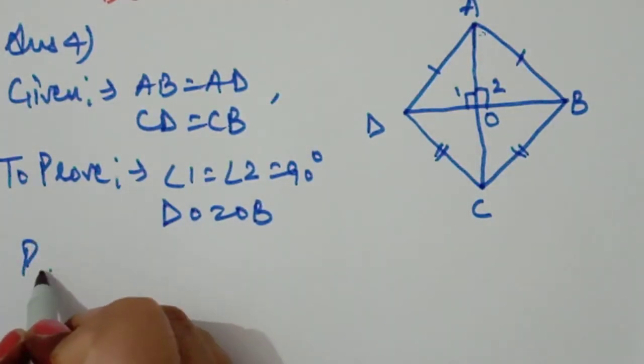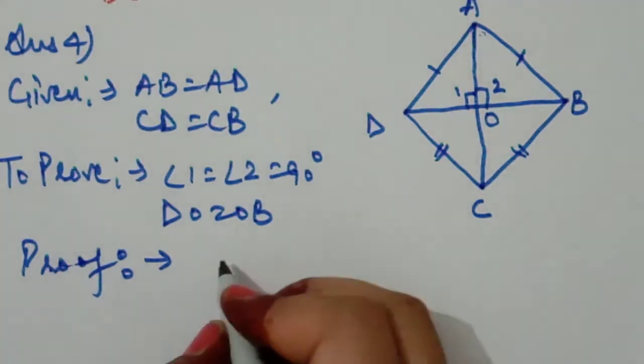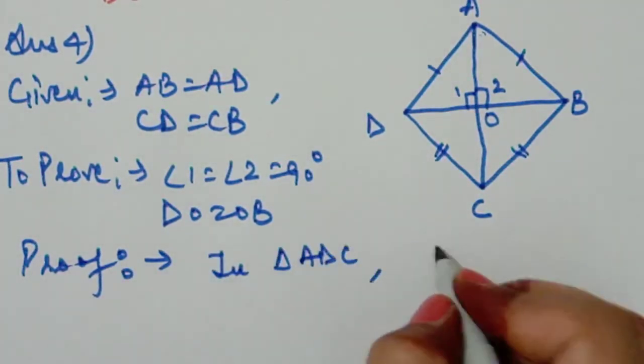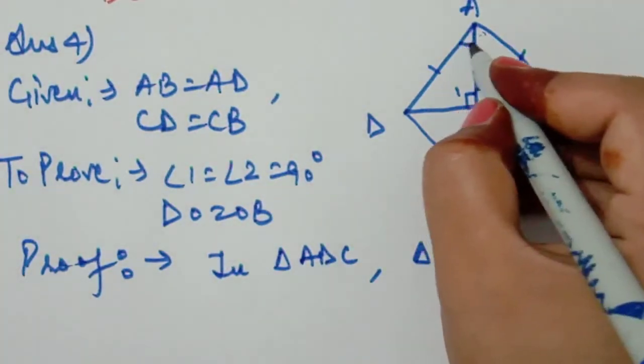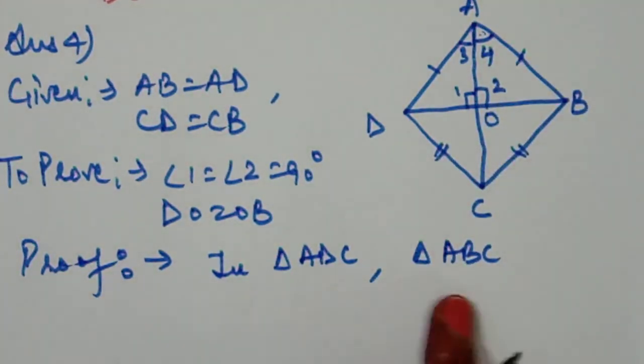So we will start our proof. Students, first of all I will take two triangles, ADC and triangle ABC, and mark these two angles also, angle 3 and angle 4. So in these two triangles I am trying to apply a congruency rule.